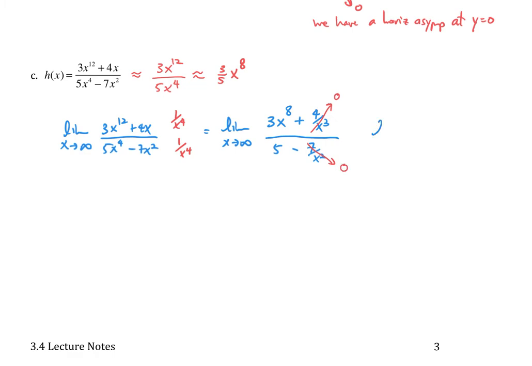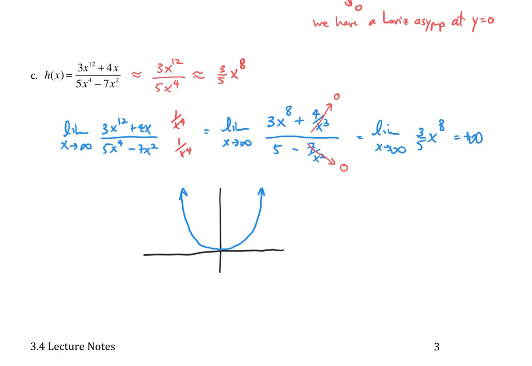So I'm left with the limit as x goes to infinity of 3 over 5 x to the 8th. Remember, we know what the graph of this looks like. If I draw a little picture, it's basically a U-shaped function. So as x gets bigger and bigger, this goes to positive infinity.